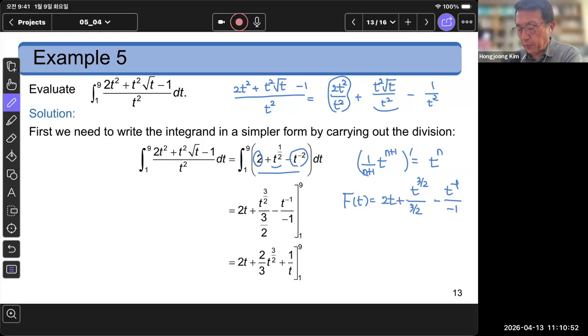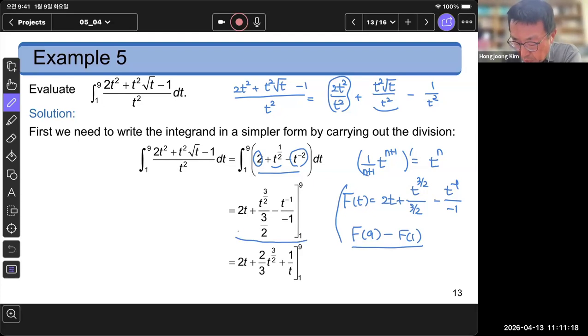So that is an F of t, and we want to evaluate the antiderivative F at 9 and 1 and consider their difference. We want to evaluate this, right? Now, this is simply denoted by this symbol here.